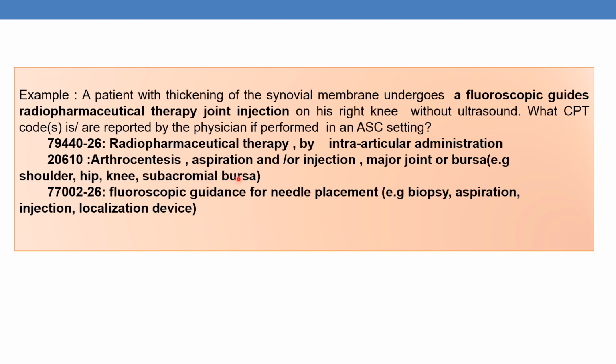Because this is a joint injection, you need to code this CPT 20610. And next, it is done under fluoroscopic guidance, hence 77002. Fluoroscopic guidance for needle placement must also be coded. Additionally, the 26 modifier must be appended to indicate the professional component. By this we complete the entire nuclear medicine topic of radiology.